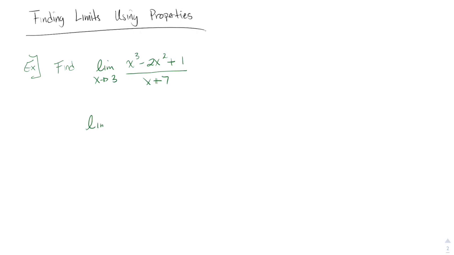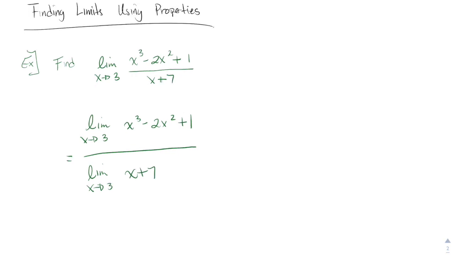So the limit as x goes to 3 of x to the third minus 2x squared plus 1, and then I'm going to divide by the limit as x goes to 3 of x plus 7.